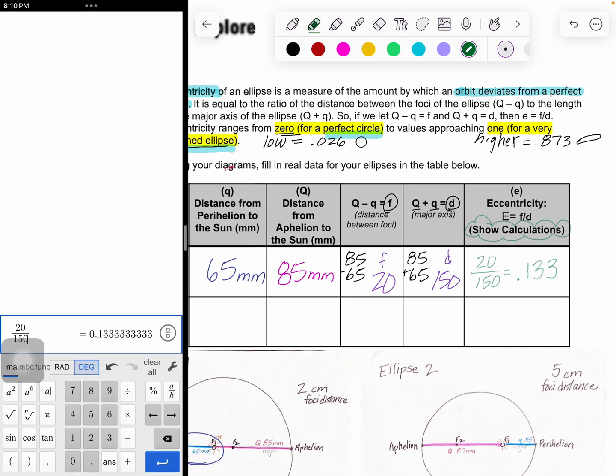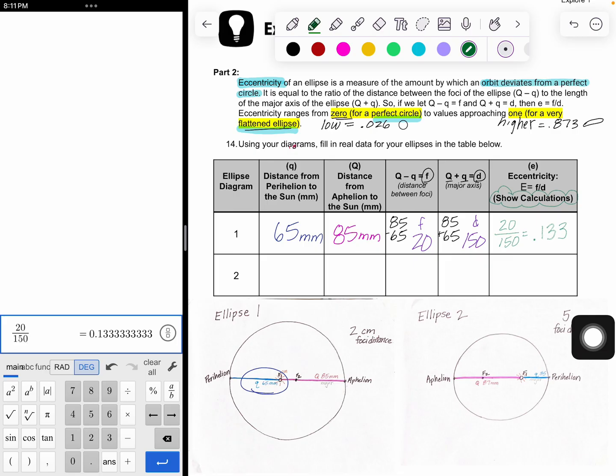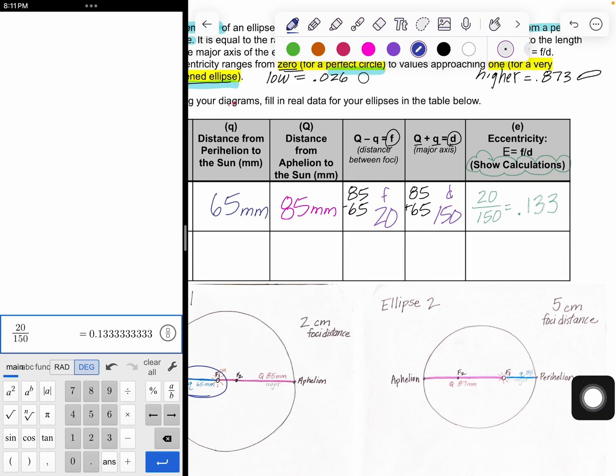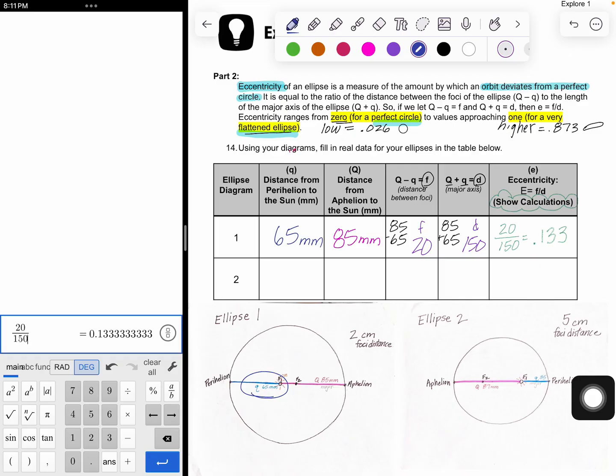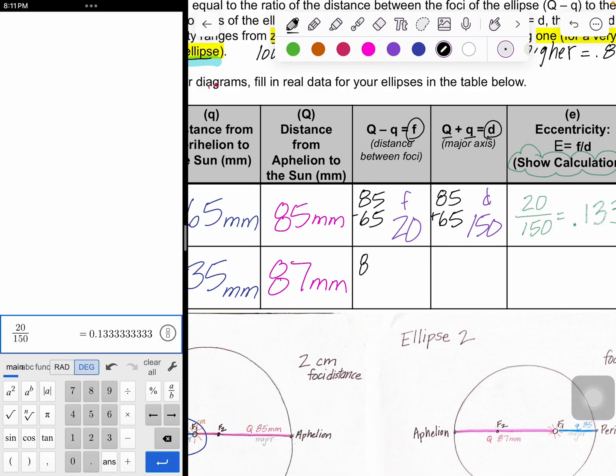So that doesn't mean anything to me quite yet because I do want to compare it with my second ellipse eccentricity. So again, I'm going to do the same thing for now my ellipse number 2. I've got my small q, this time is 35, and my big Q, 87. Again, your numbers are a little bit different for your ellipse. Same formulas. First, I will subtract.